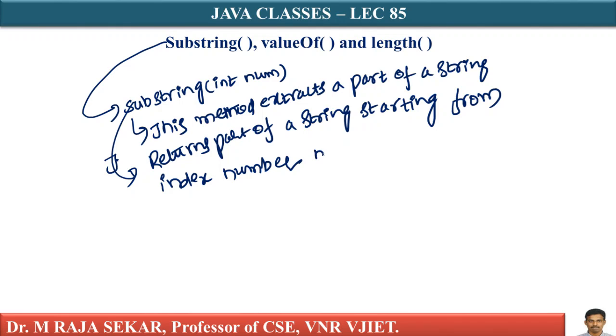What is that index number? It is num, from that particular num. This is also overloaded in the String class. That's what we were discussing. This is the String method, the substring method. We will try to understand.